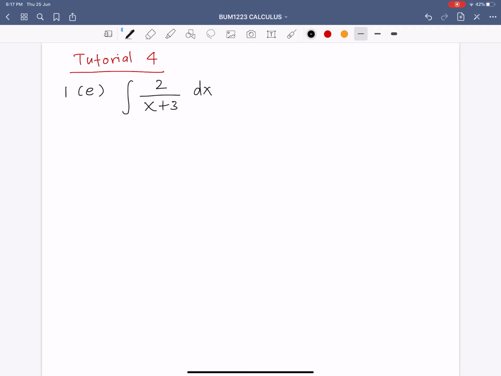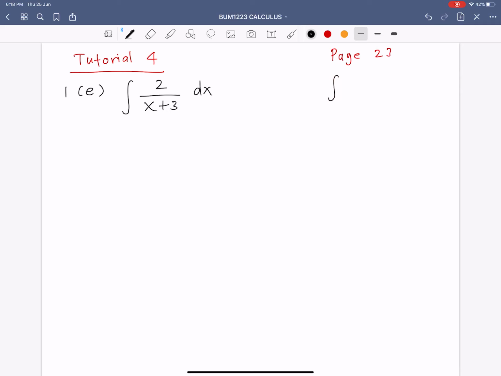And for this question, you need to refer to the formula from page 23, under the topic integrals of basic functions, where the formula is integration 1, sorry, I'll rewrite this.